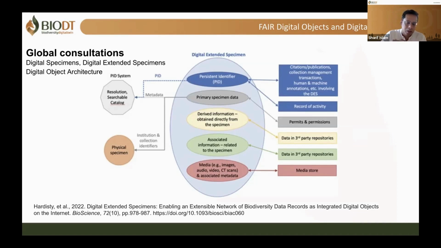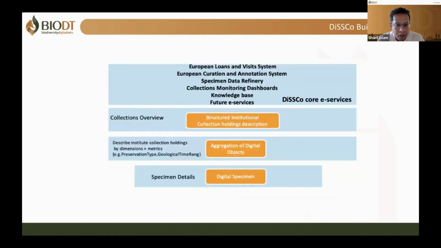So there's also a distributed aspect of that. However, this PID, this persistent identifier, is the key to get you to the information you need. And of course, there's always this connection with the physical object that we have in our collections. So this is, in a way, similar to a digital twin, the physical and the digital connecting together, while at the same time the digital realm is also evolving and dynamic.